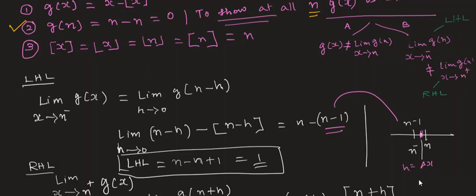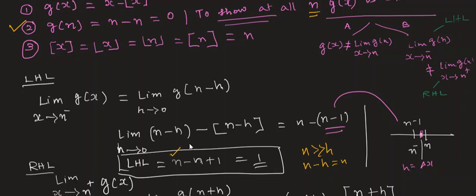It can be 0.1, 0.01, 0.001. So in the first part, n minus h, since n is much greater than h, n minus h is equal to n.